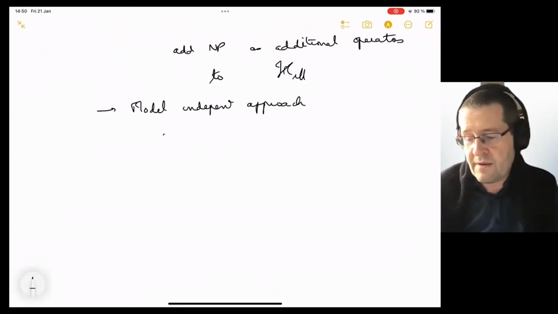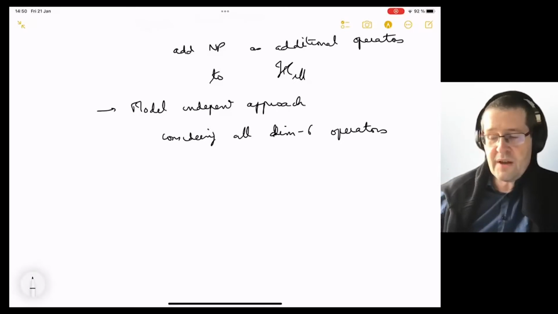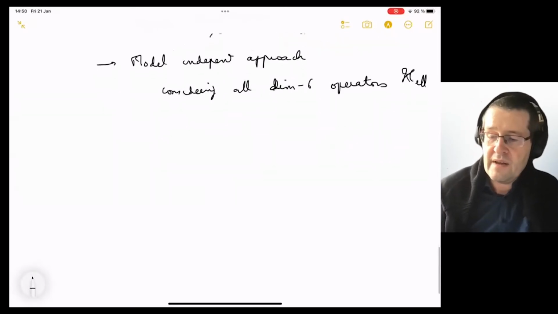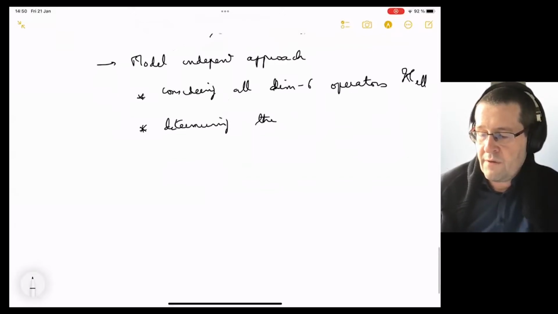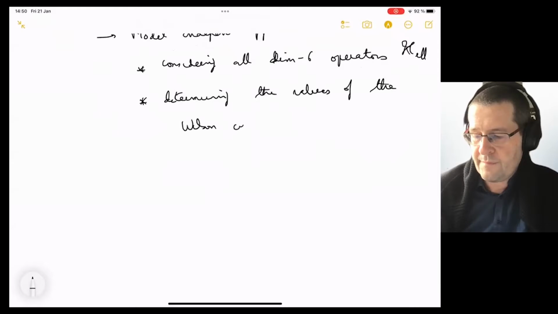By considering all dimension 6 operators that you can build in your effective Hamiltonian, and then determining the values of the Wilson coefficients from data.